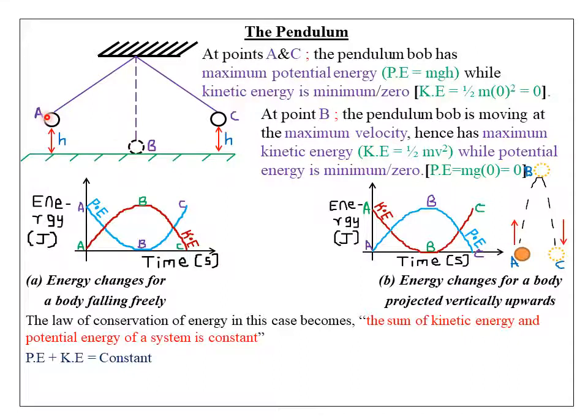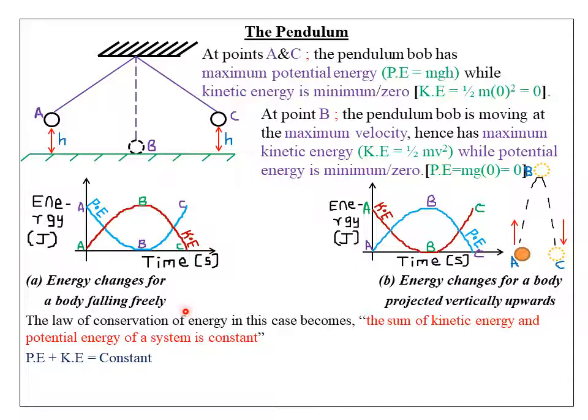Because here, potential energy is maximum and kinetic energy is 0. At point B, kinetic energy is maximum and potential energy is 0. Therefore, if you add potential energy plus kinetic energy for any system that is not being interfered with, we expect the final answer to be a constant value.